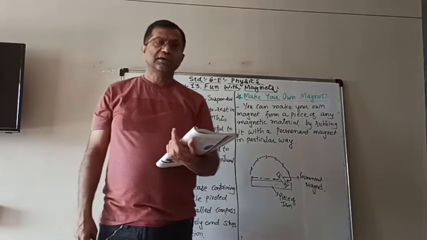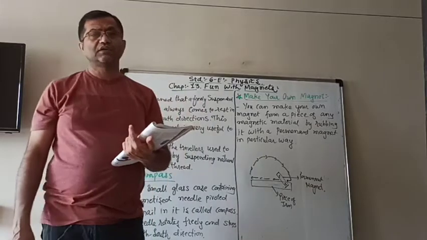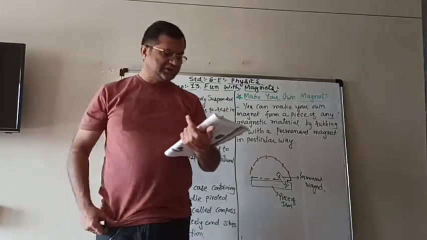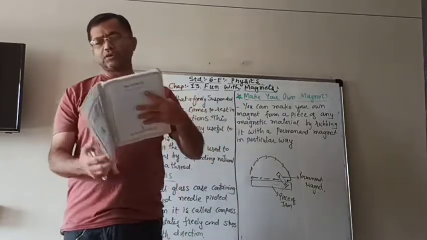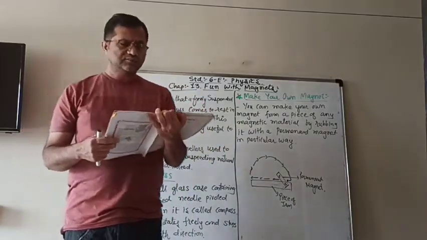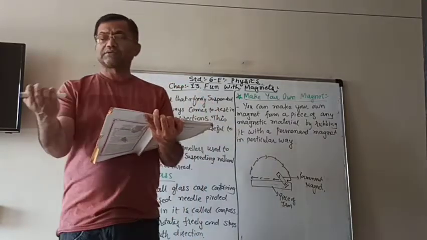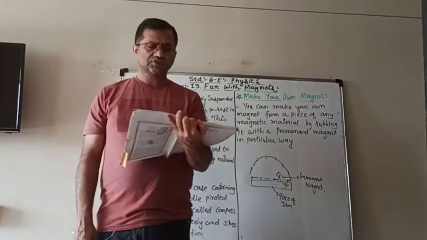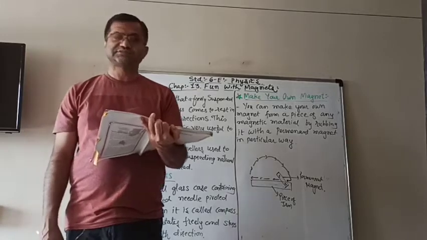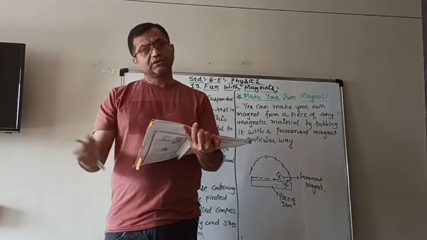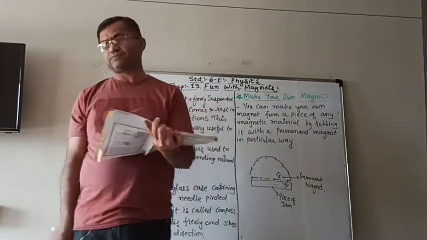Around that needle a dial is there, on which different directions are drawn. When you place the compass horizontally, the needle will always stay in the north-south direction.